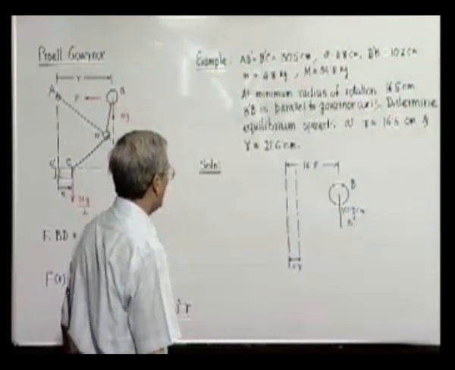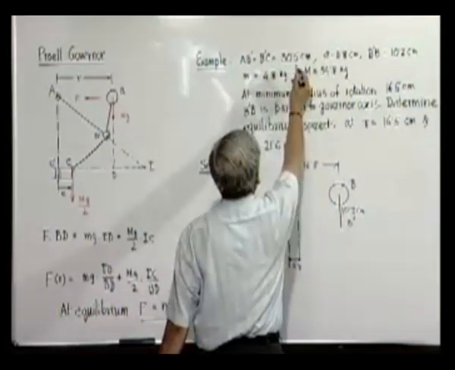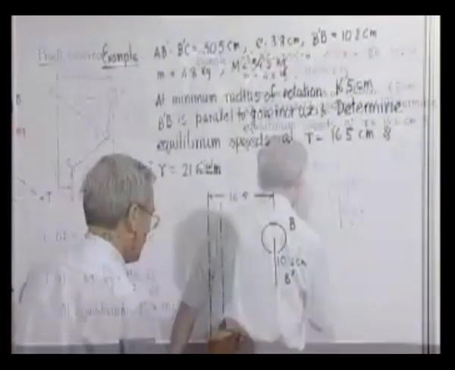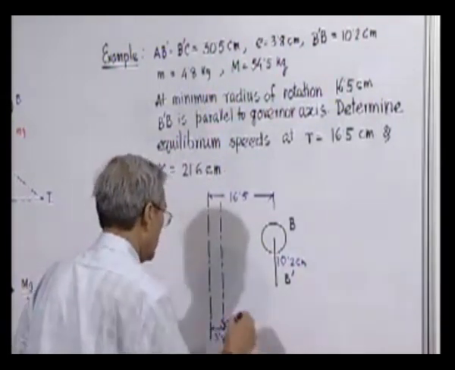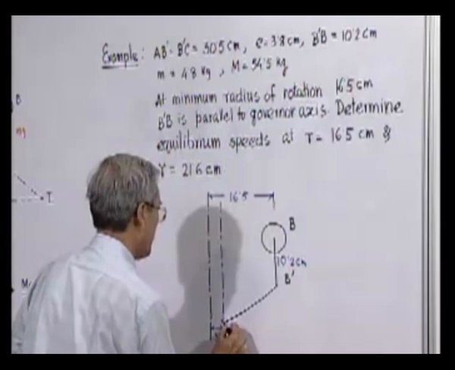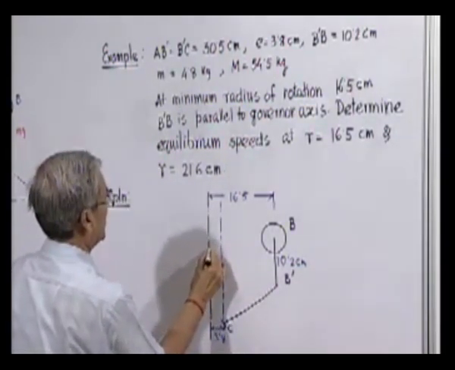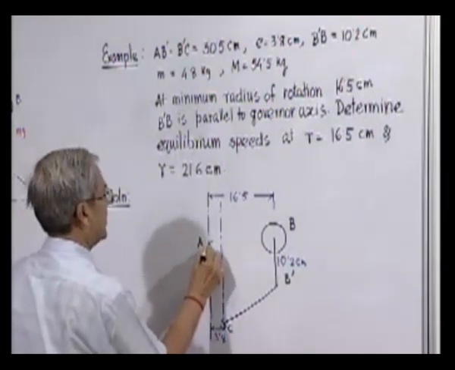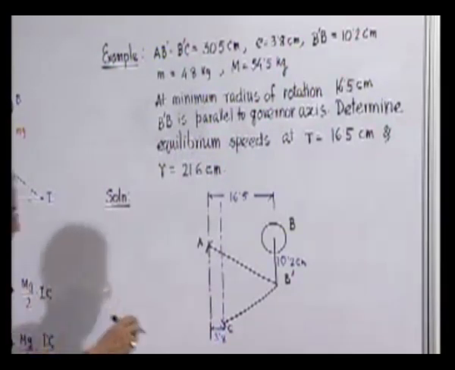Next, you know that point C will be at a distance 30.5 centimeter from B prime. So you can easily cut this length to make this point C, and obviously you cut this point to get A, both 30.5.